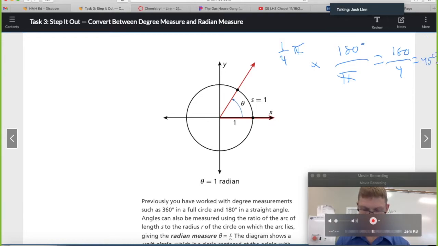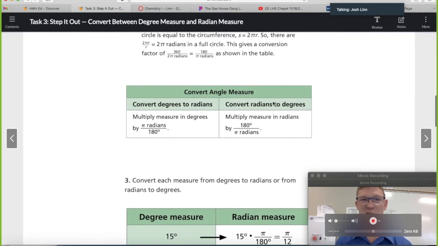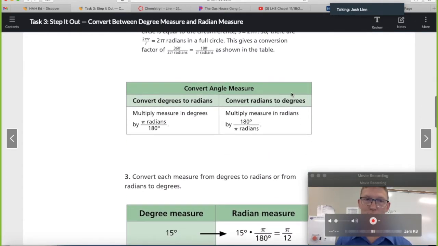Make sense? Kind of, sort of. Well, here is a chart that can help you out. Just like what we talked about, multiply the measure in degrees by pi radians over 180, or to convert radians to degrees, 180 degrees over pi radians.